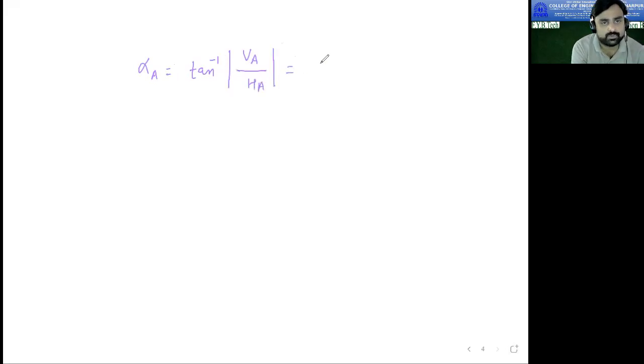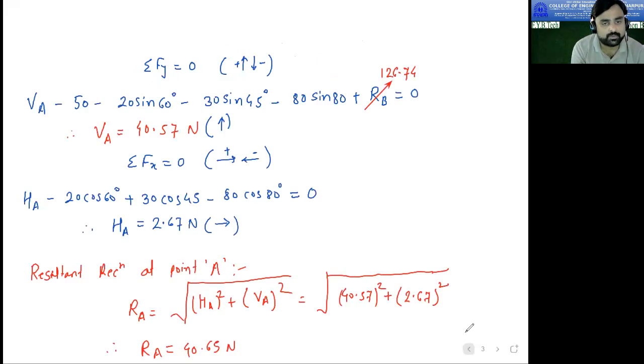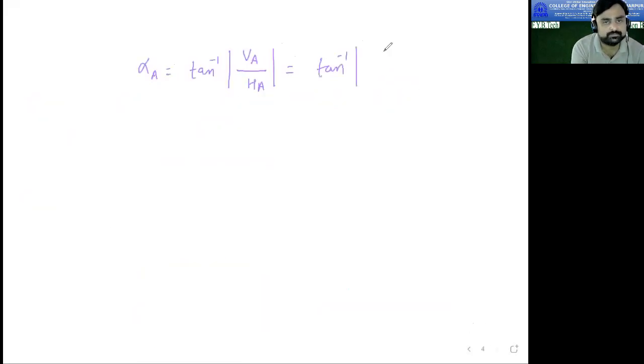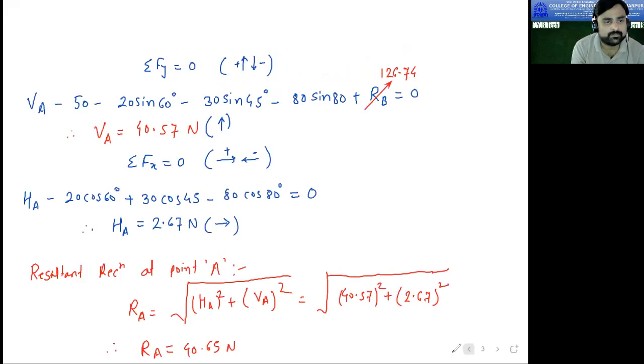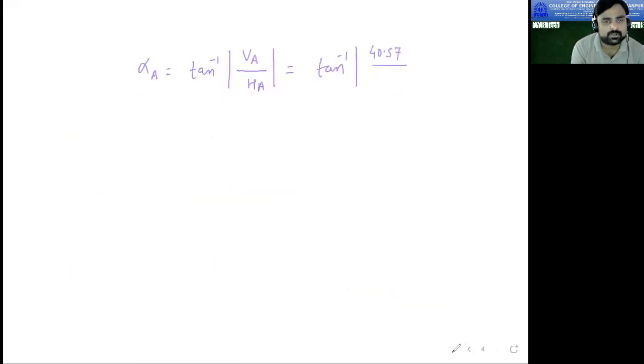So which is equal to tan inverse of VA, which is 40.57, and HA is 2.67.